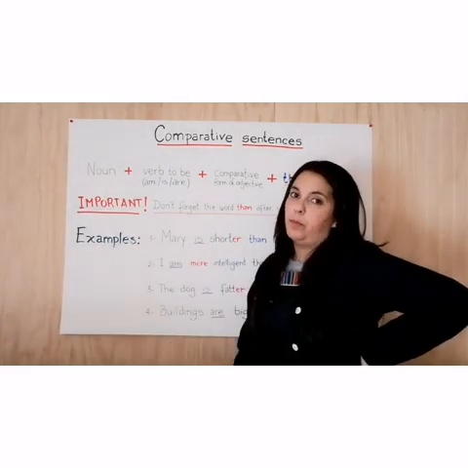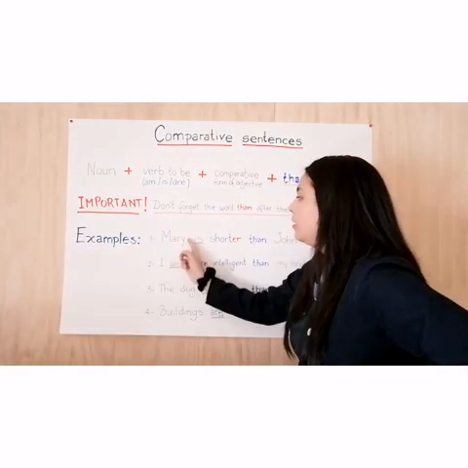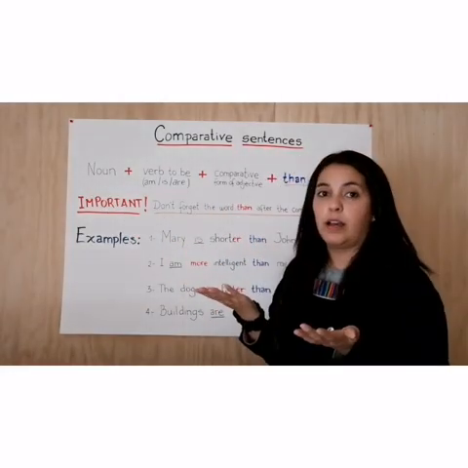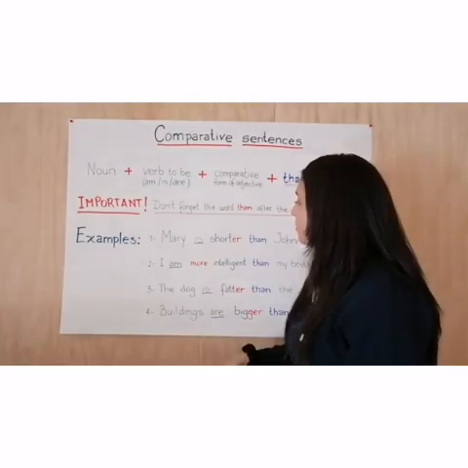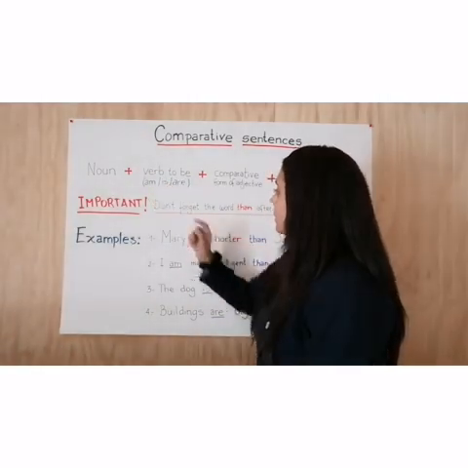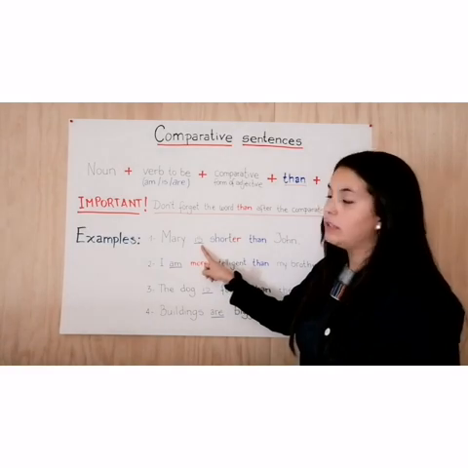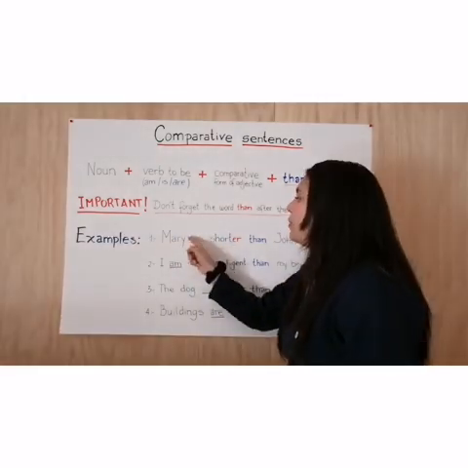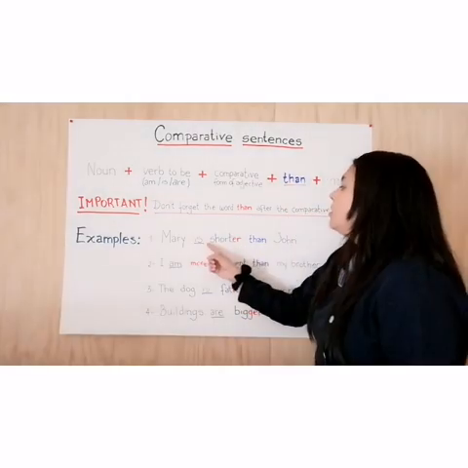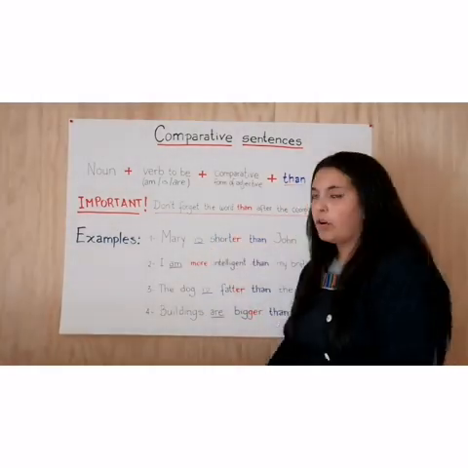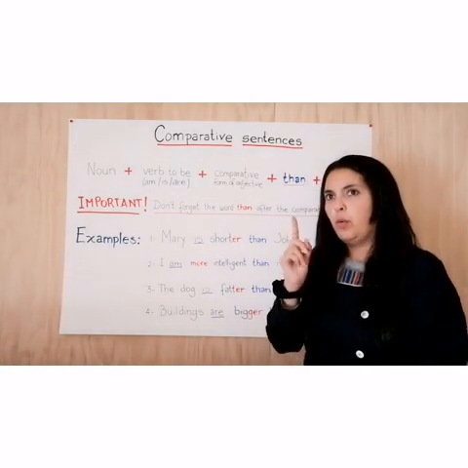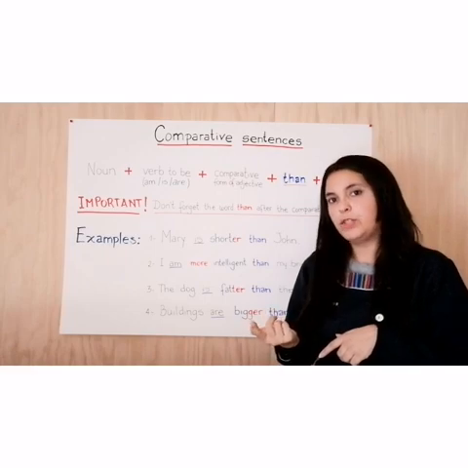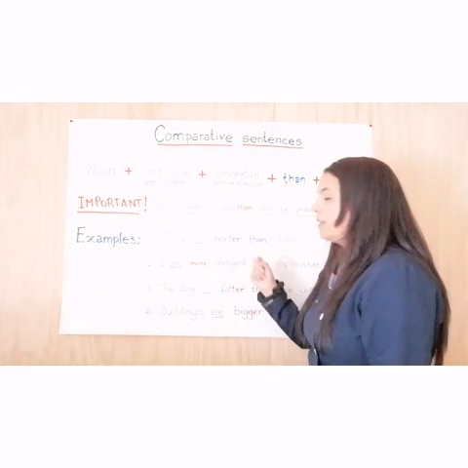For example, number 1, Mary is the noun. Mary is a woman. Mary goes with is. It's the same as she, right? So she is, or Mary is. The adjective was short, one syllable. So for one syllable adjectives, we have to add ER at the end.